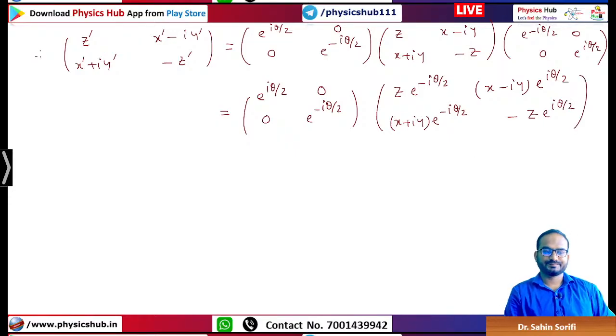Can I write it? Again you need to multiply. So e to the power i theta by 2, e to the power minus i theta by 2, that is 1. So only z remains.